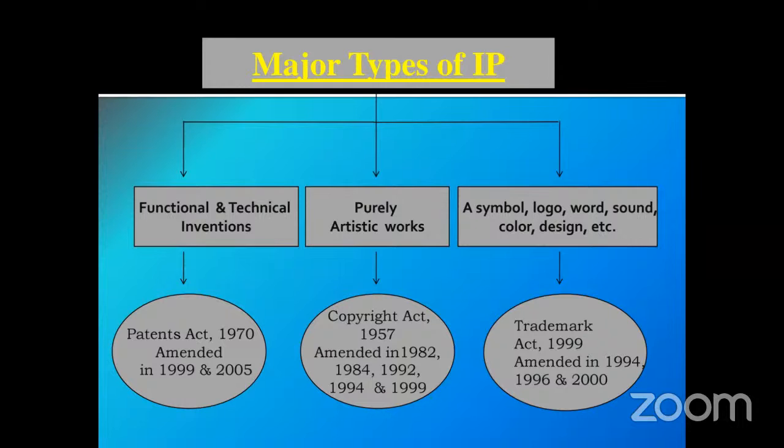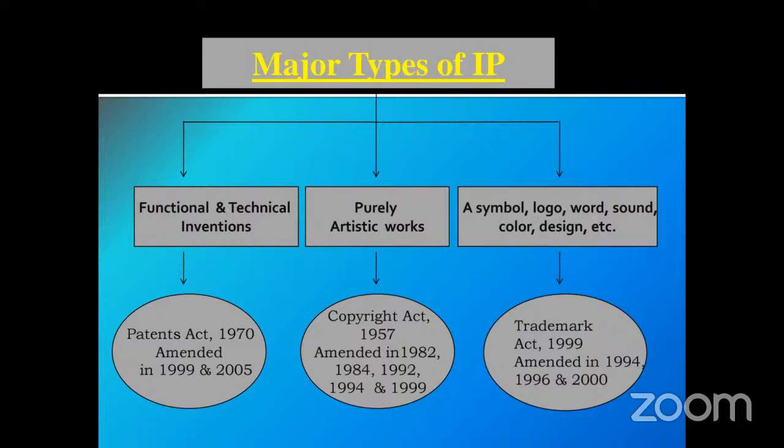So Patent Act 1970, Patent Act 1999, Patent Act 2005. Actually, the original Patent Act is of 1970, but after that there are some amendments in the Patent Act 1970. Okay, so the amendments took place in the years 1999 and 2005, but the original Patent Act was formulated in the year 1970 by the Government of India.